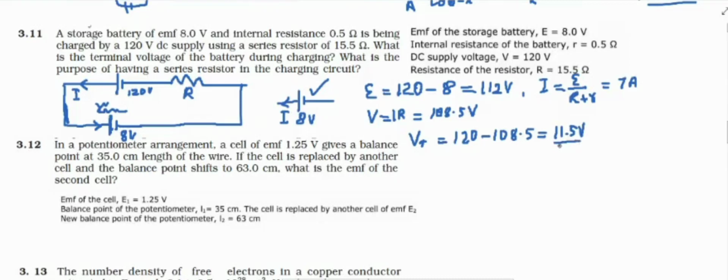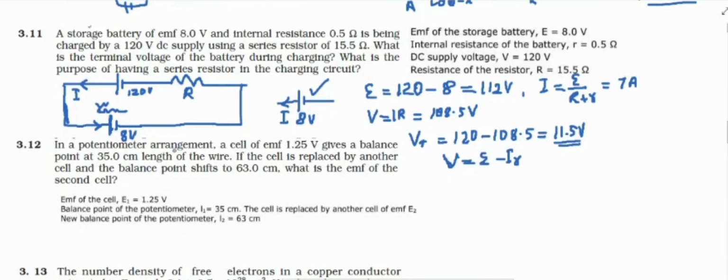Here you have to understand the difference in situation. Usually, according to our formula, V is equal to epsilon minus Ir. EMF is greater than terminal voltage. But in this question, you are getting terminal voltage greater than EMF.